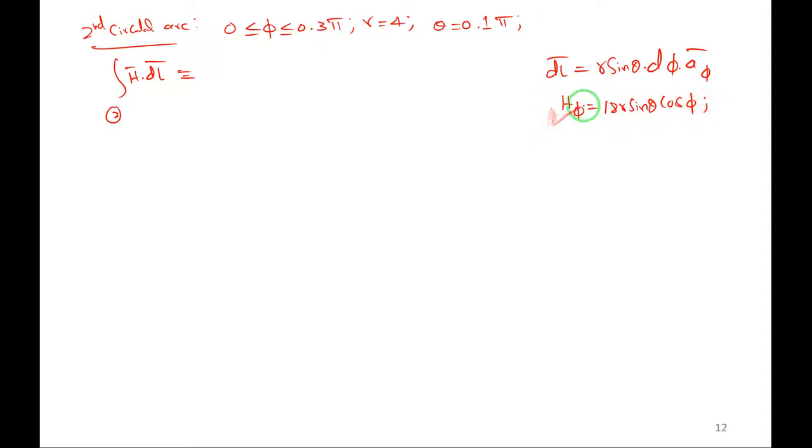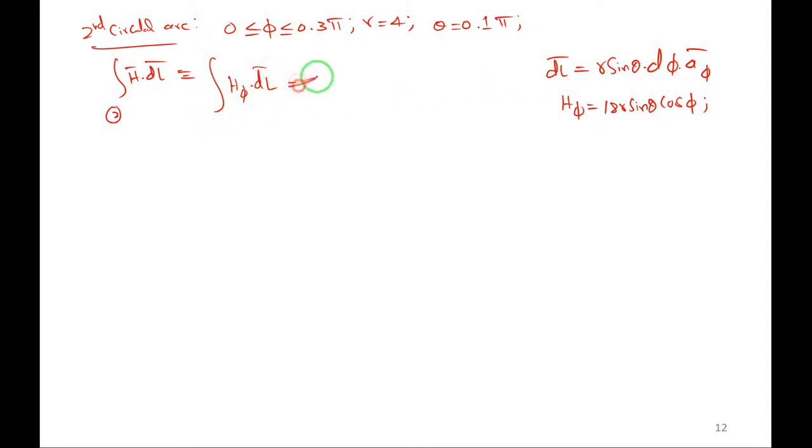If I write a phi as a vector, a phi dot a phi will be 1. So take h dot dl. So h phi into dl phi, right? Only phi is left.